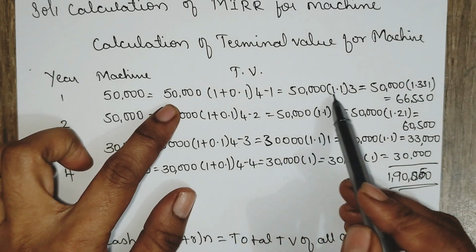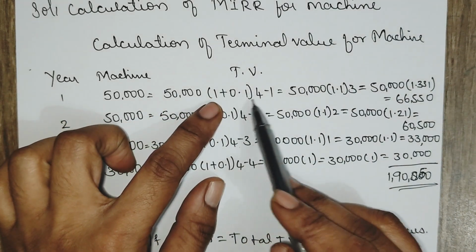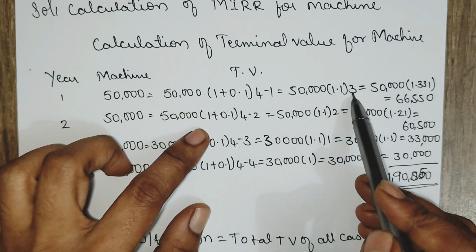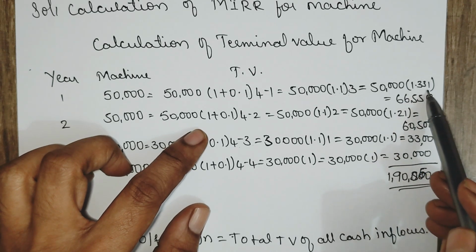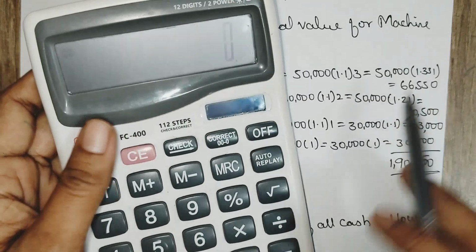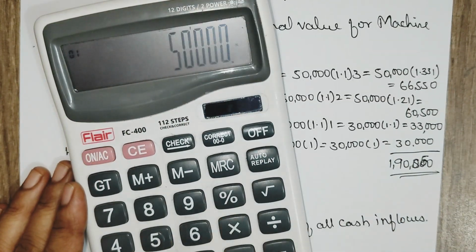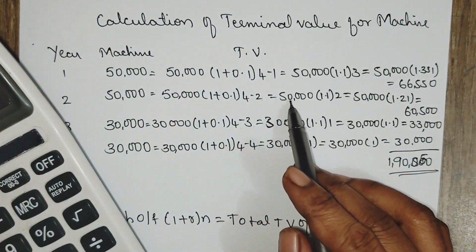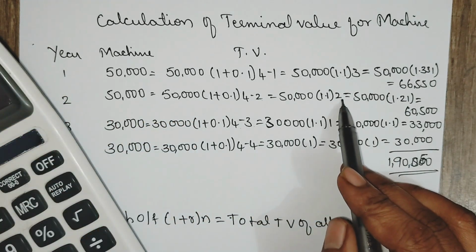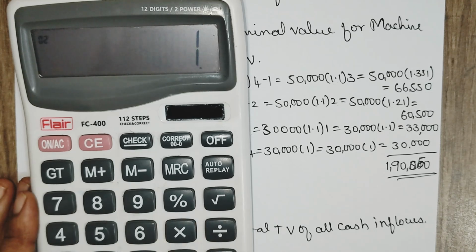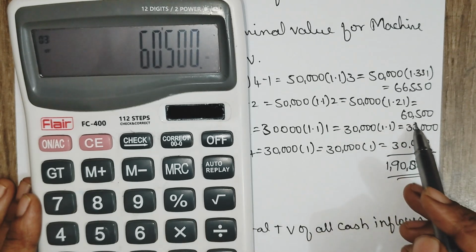Now 50,000 into 1 plus 0.1 is 1.1, and 4 minus 1 is 3. 1.1 three times gives 1.331. 50,000 into 1.331 is 66,550. The same thing for the second year: 1.1 two times is 1.21, and 50,000 into 1.21 is 60,500.